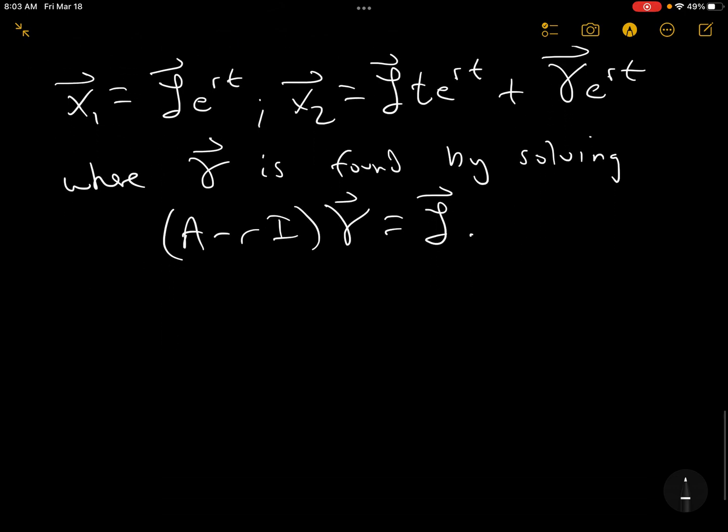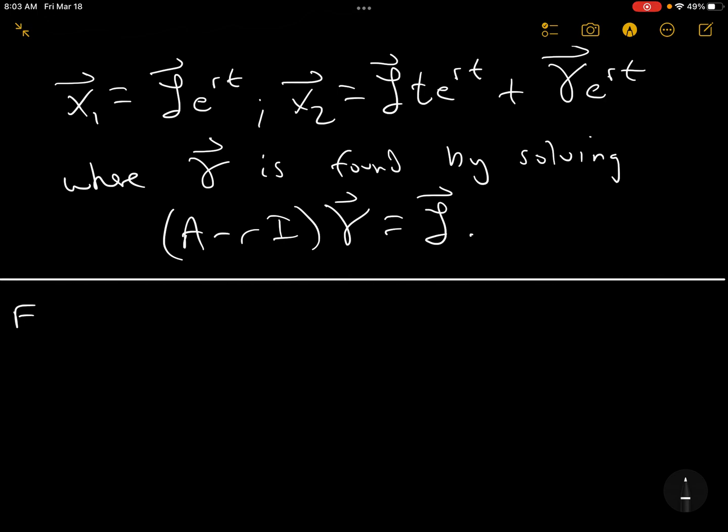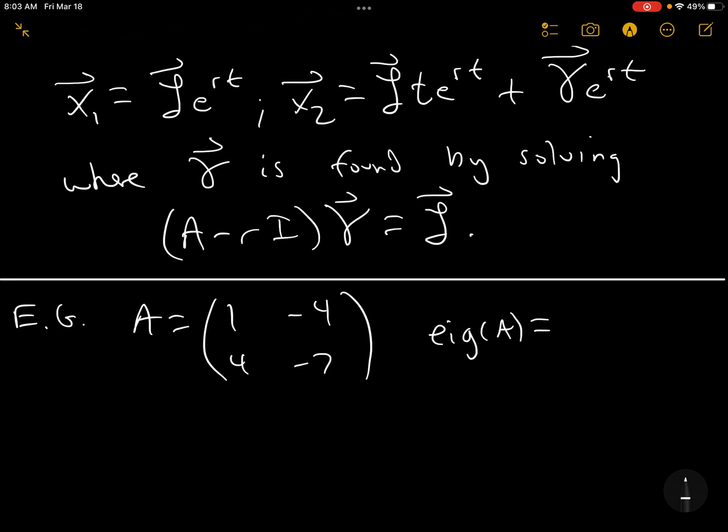Okay, so let's do an example. For example, we're going to let A be the matrix 1, minus 4, 4, minus 7. So the eigenvalues of A are minus 3, minus 3.